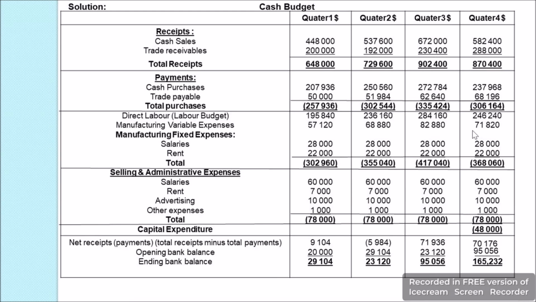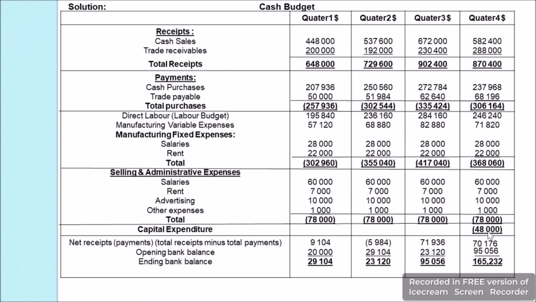In the fourth quarter, in the same way, we take the total receipts of $870,400. From there we subtract the total purchases of $306,164. We subtract the manufacturing expenses of $368,060. We subtract the total selling and administrative expenses of $78,000.